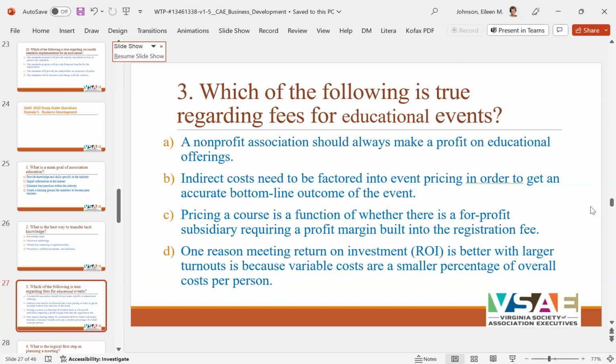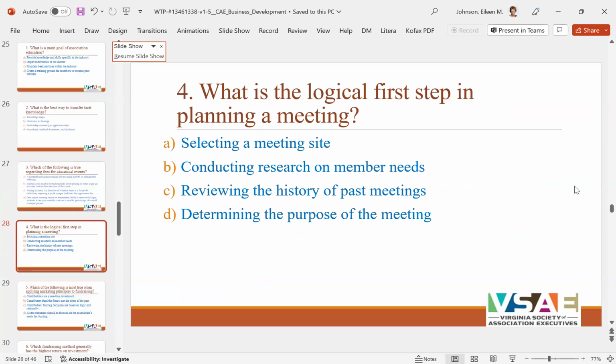Not sure about C. Larger turnouts, don't understand. I'm just going to guess B. Makes the most sense to me, and it's the one I understand. Oh, that was right? That was right. Oh, awesome.